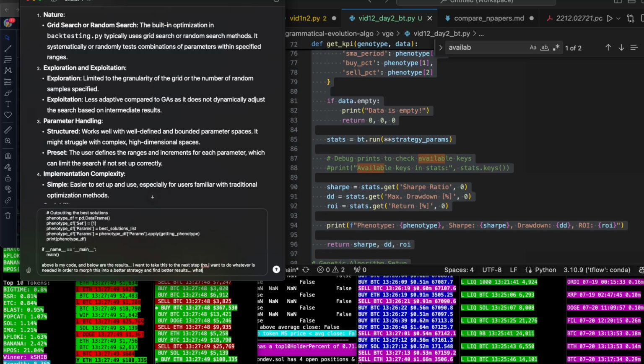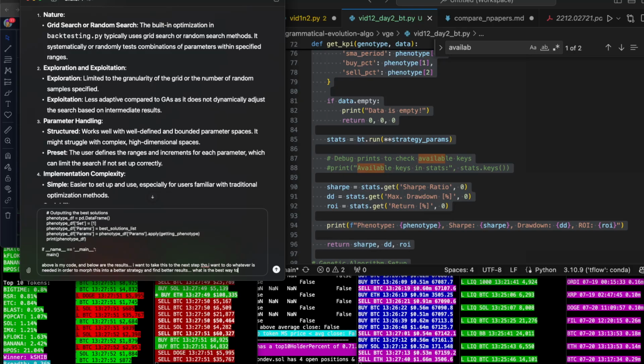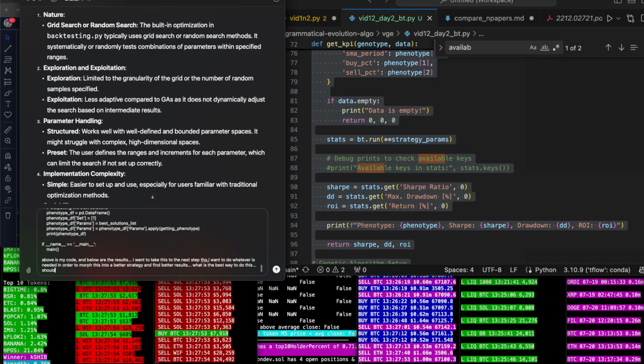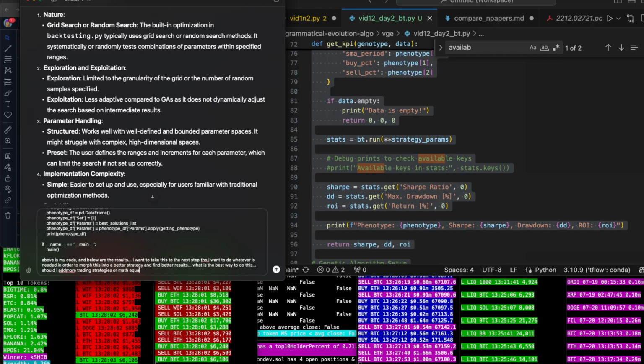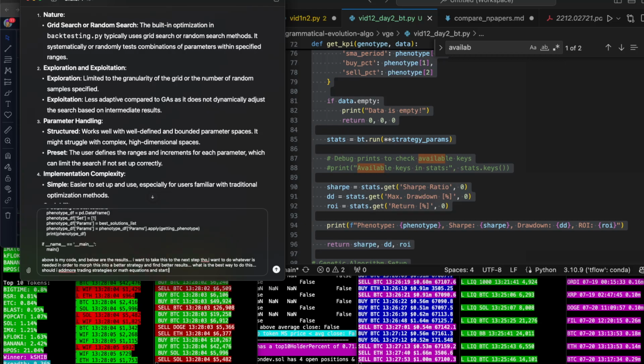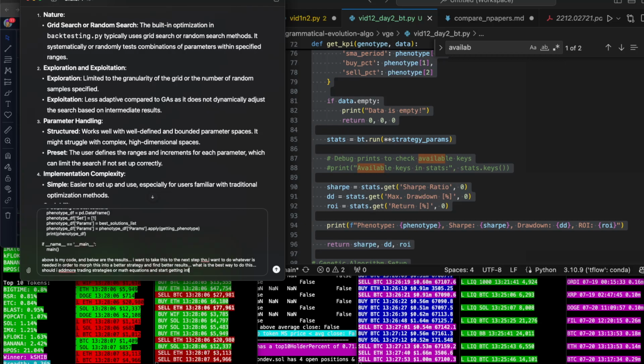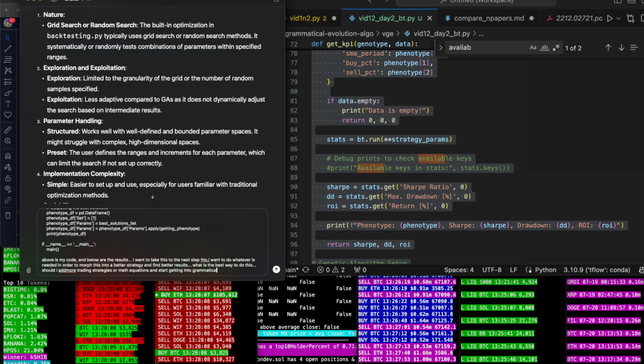What is the best way to do this? Should I add more trading strategies or math equations and start getting into grammatical evolution?